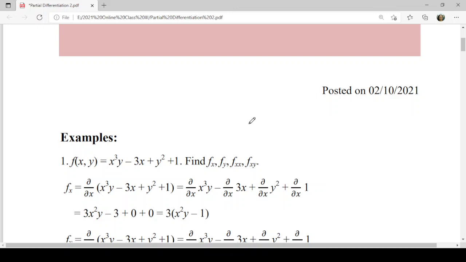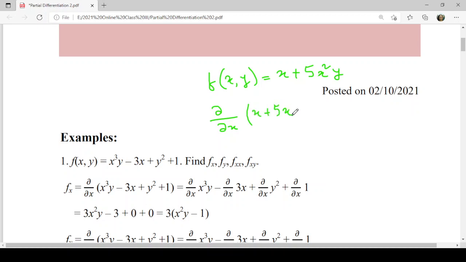Say f of x, y is equal to x plus 5x square y. If you are to take the partial derivative with respect to x, then one thing you have to remember is to consider this as a function of x only.